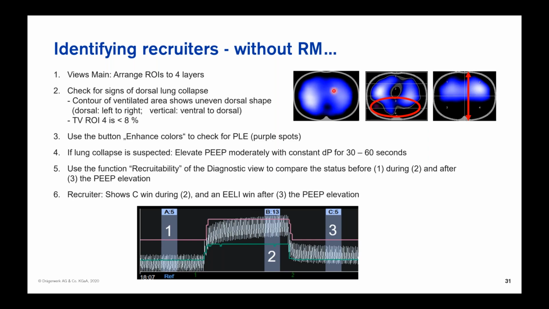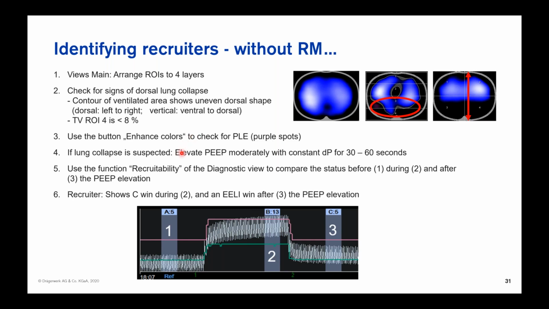And what I would also recommend, remember I presented examples of patients with pleural effusion, which is indicated by the purple spots, is that you should always initially use the button enhance colors in order to check for pleural effusion, which would then be presented in the purple colors.